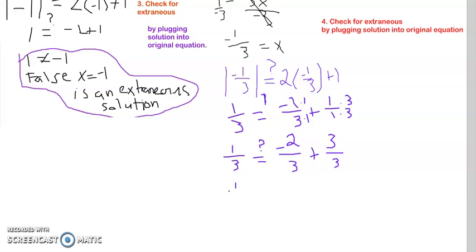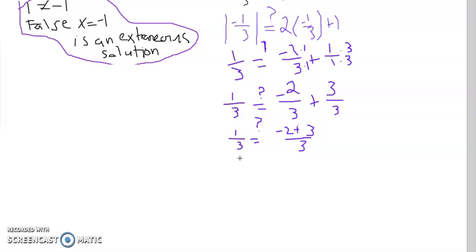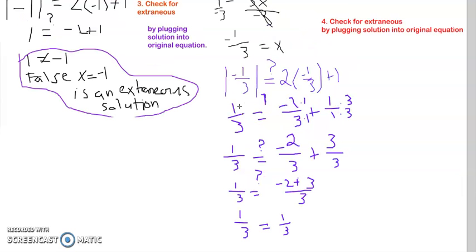So is 1/3 equal to negative 2 plus 3 all over 3? Yes, 1/3 is equal to 1/3. We get a true statement here, so x equals negative 1/3 is a real solution.